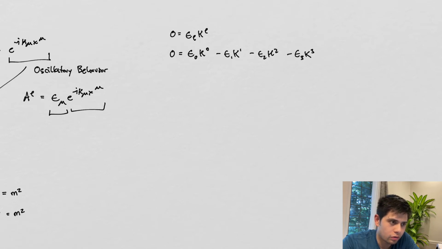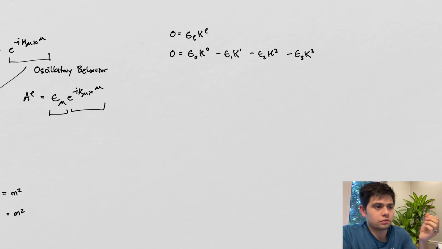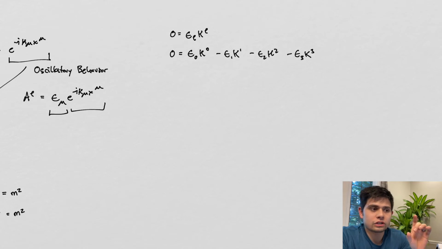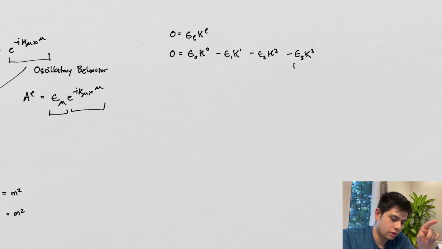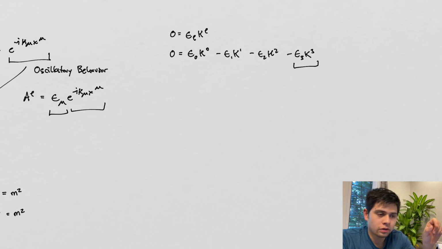And so what this again says, for a field excitation traveling in the z direction, which is this direction, we have a restriction on K3, and we have a restriction here.